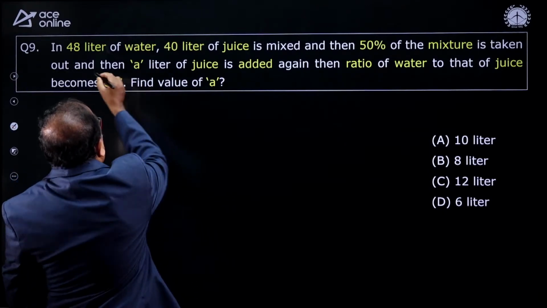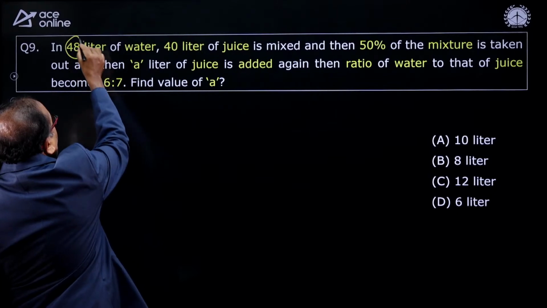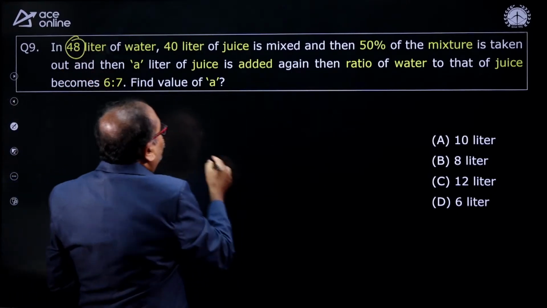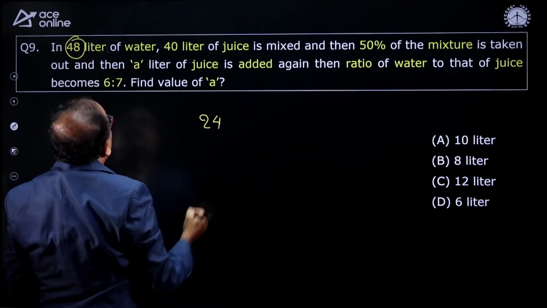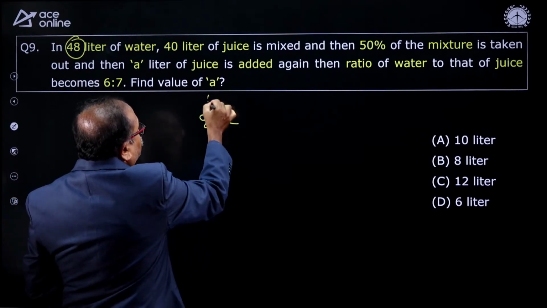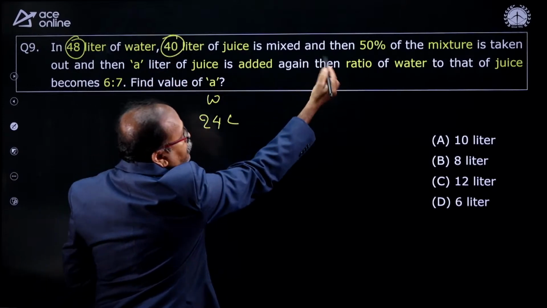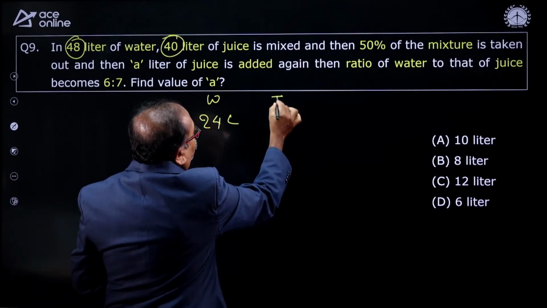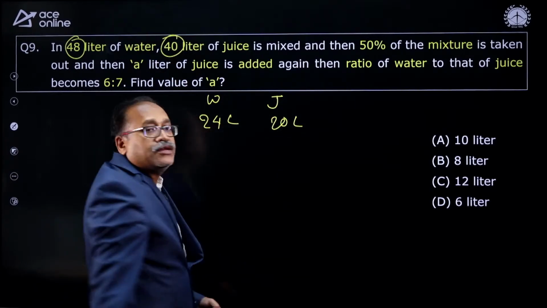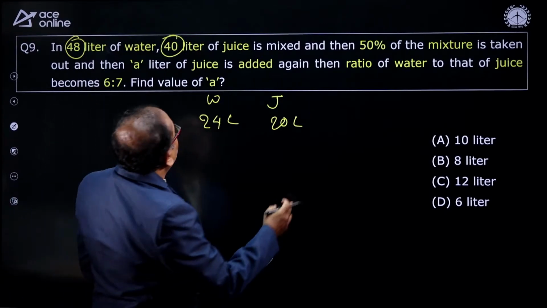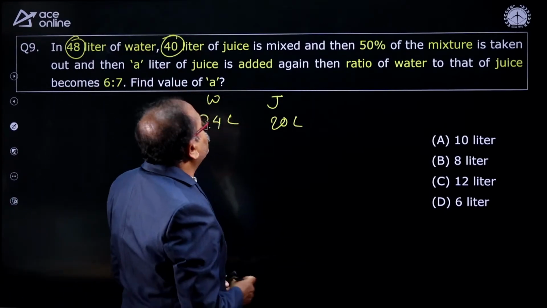Okay. Let's answer the question. So look at this one. This is 48 liters. 50% is taken out, so I am left with 24 liters of water. What about the juice, my friends? 40 liters, 50% is taken out. Therefore, the juice will be 20 liters. And it is said that A liters of juice is added.